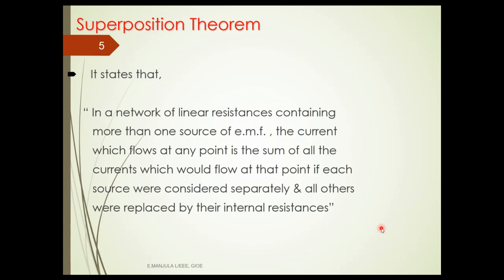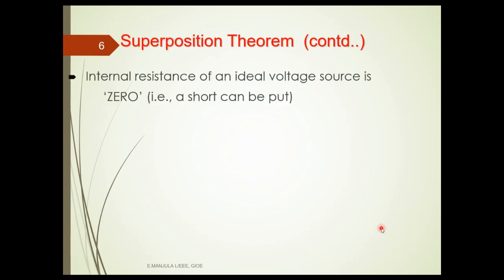For example, if a network has two sources, we use one source and the other source is replaced by something. We will see how it is applicable, but remember that this theorem is applicable when two or more sources are available in a network and we have to solve that network.